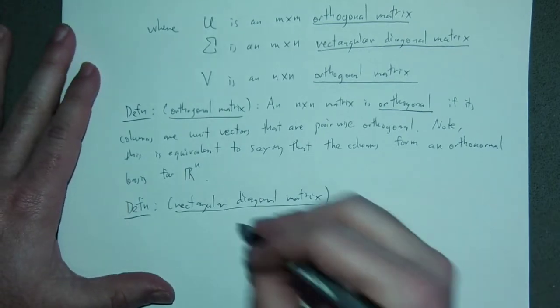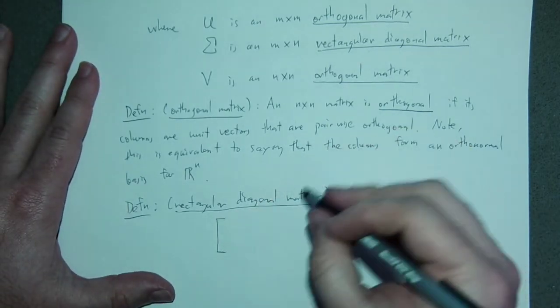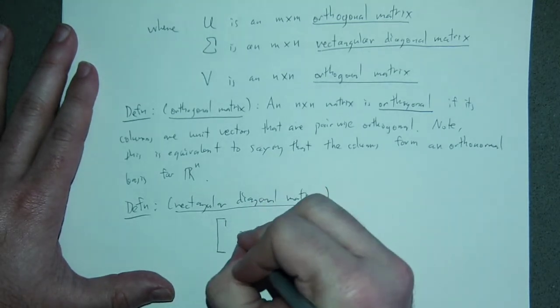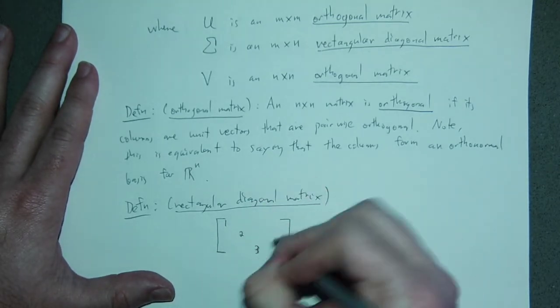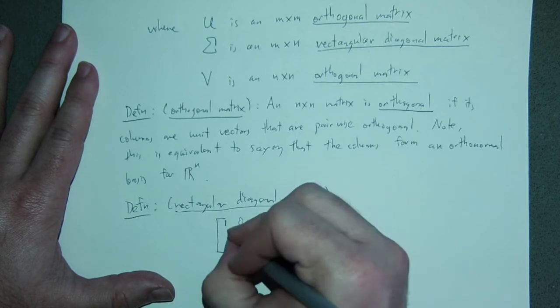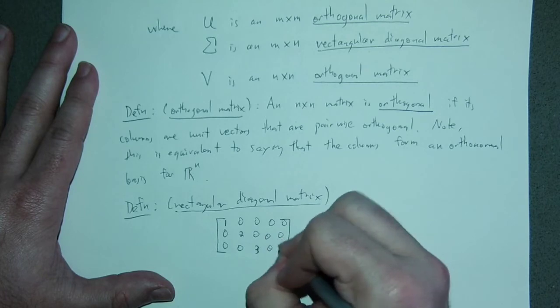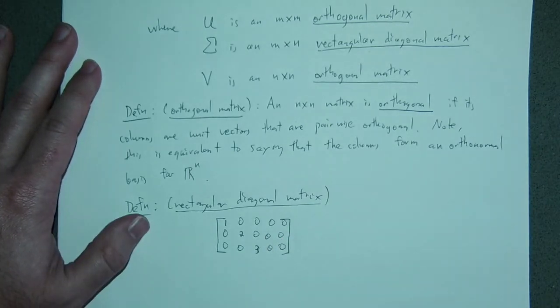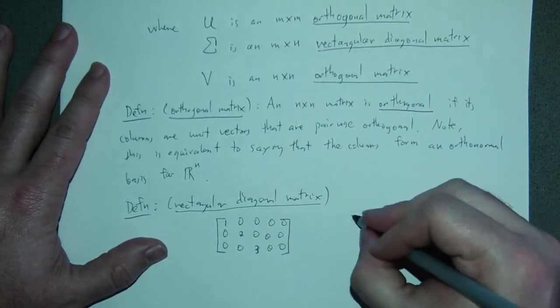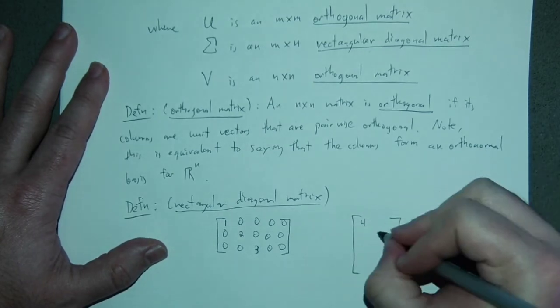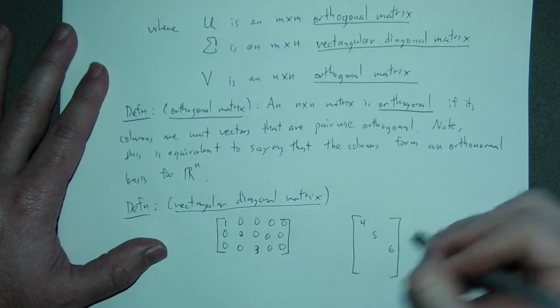Okay, so what's a rectangular diagonal matrix? Let's say 1, 2, 3, and the rest of these are zeros. That is a rectangular diagonal matrix. Let's have another one. Let's do 4, 5, 6.